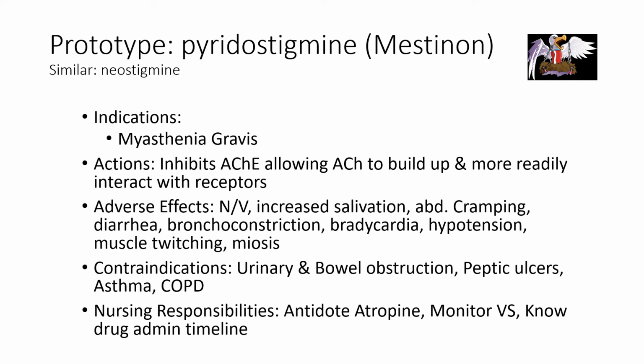If they had double vision or ptosis, that should improve by taking this drug through the day. Okay, so the whole idea is to increase acetylcholine at the neuromuscular junction. The adverse effects, well, it's increasing acetylcholine at other junctions in the body, at other nerve junctions.